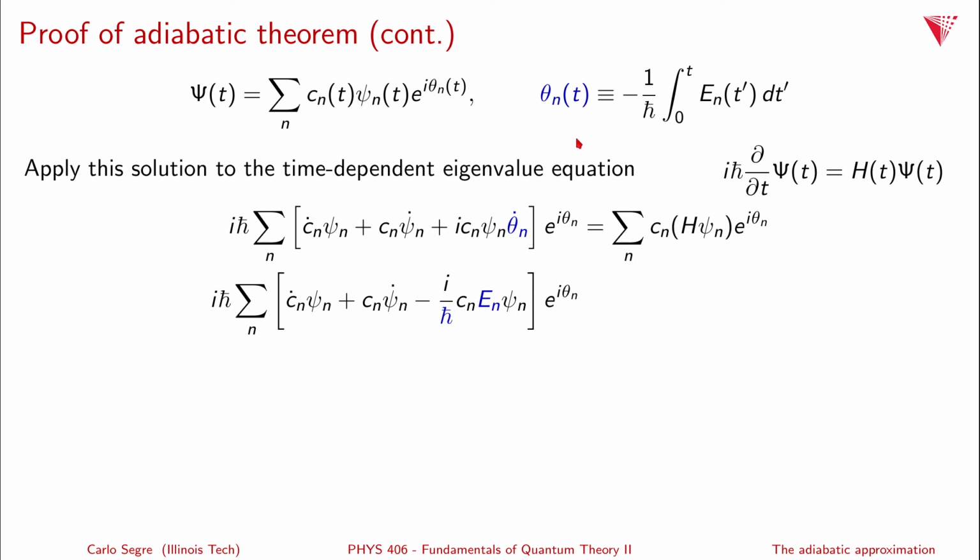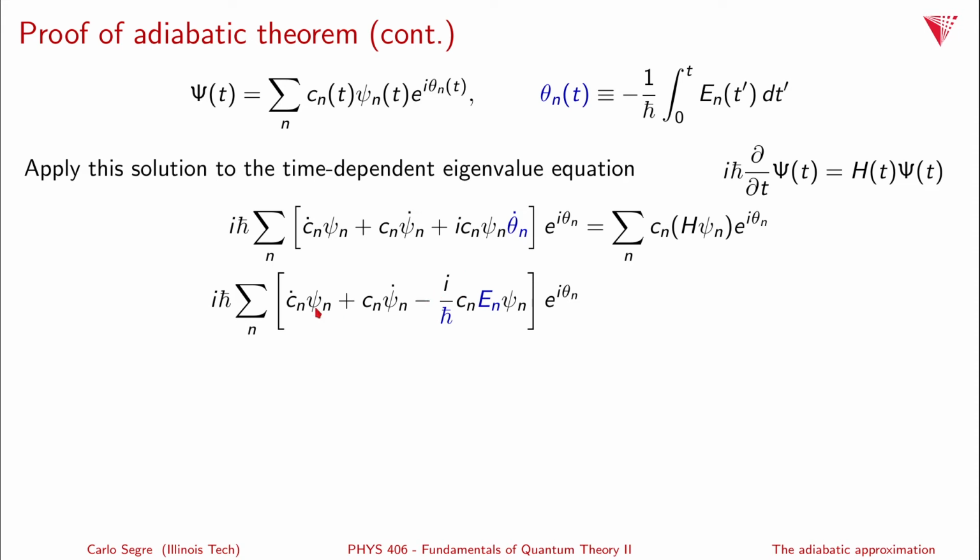Now, if we look at the definition of theta sub n, if we take the time derivative of theta sub n, we just get the energy, E sub n of t, times 1 over h bar. So we can replace theta sub n dot with minus 1 over h bar E sub n. And that's what we do here in blue.